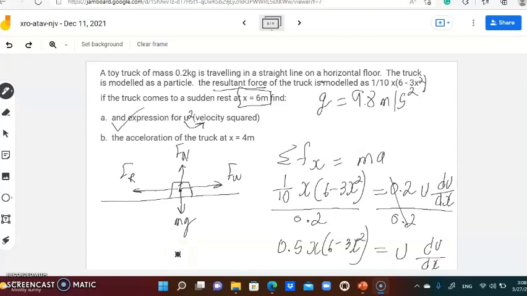So now that we have divided by 0.2, we have 0.5x times 6 minus 3x squared is equal to u du dx.